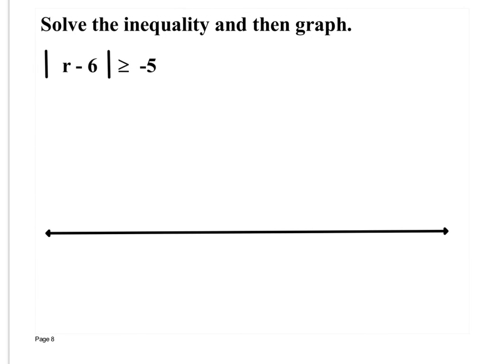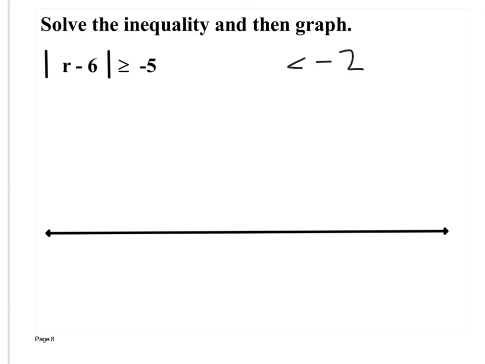All right, write this one. Here you're given the inequality, absolute value of r minus 6 is greater than or equal to negative 5. Do you know something? It's negative. Okay, this is negative. On the special case before, the absolute value was less than a negative number.